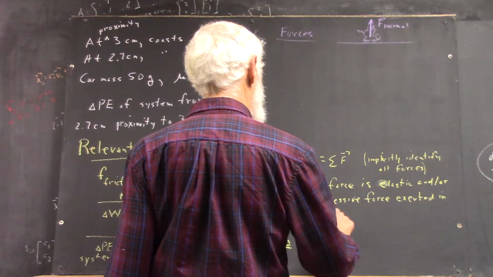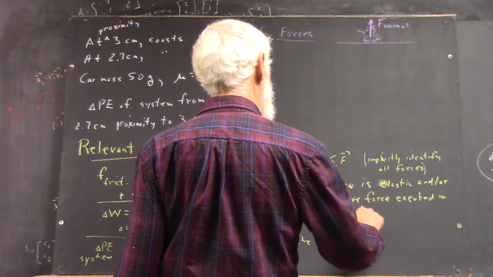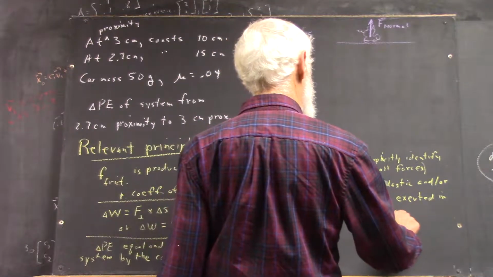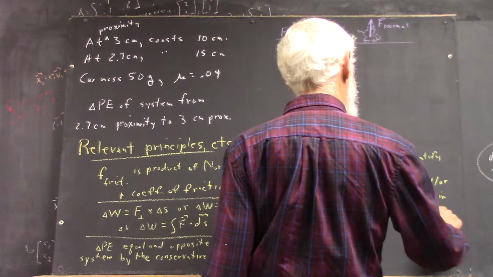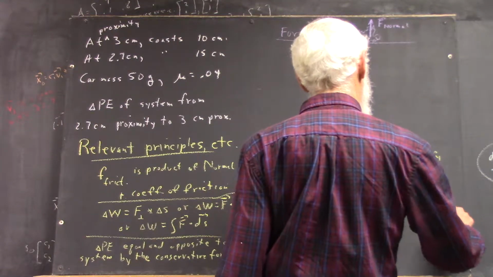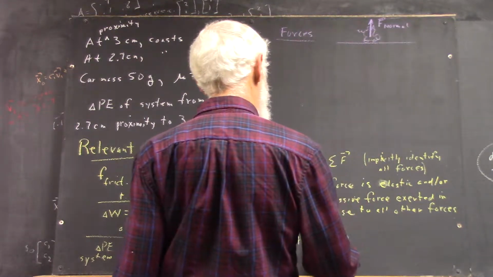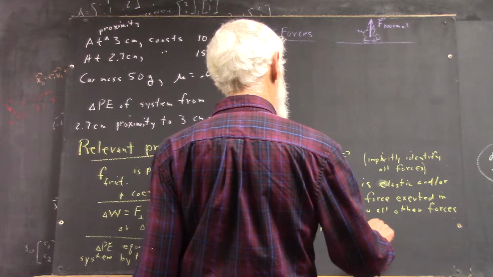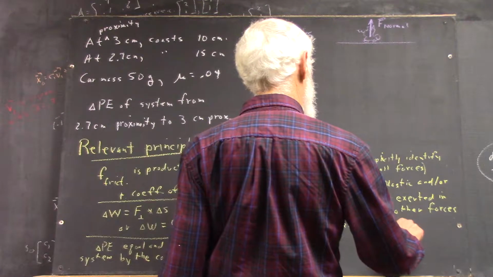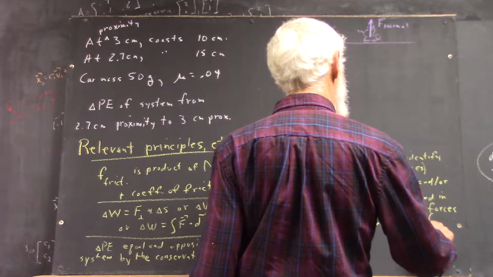If it's at an incline, the normal force will still be directly out of the surface. It is a force that's perpendicular to the surface the object comes along.